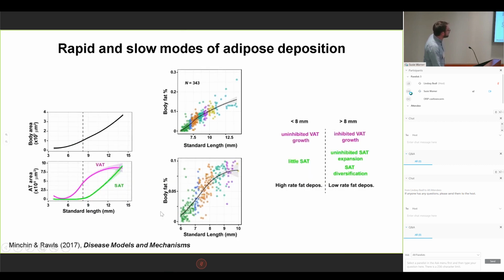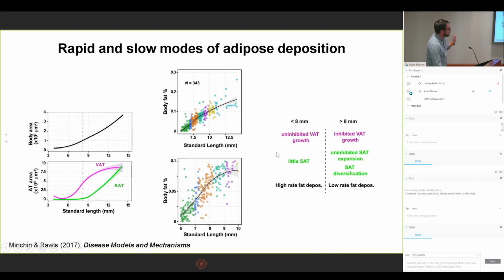Okay, so these are the same graphs that I've just shown, but if you look at body fat percentage across the different sizes of fish, you can see that during this early phase when visceral adipose tissue is expanding really quickly, there's a very fast rate of body fat accumulation. And then this seems to slow when lipid storage changes to subcutaneous adipose tissue. So there seem to be two different growth phases of adipose tissue in zebrafish.